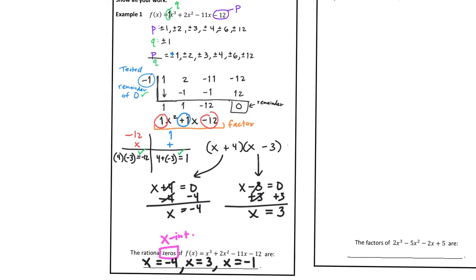Okay. So again, we do all the p's over q, we divide them to give us a list of possible x-intercepts. These are all possible x-intercepts. And then we test it out using the smallest one. We tried out +1, but it didn't give us a remainder of 0. Then we tried -1, and we used synthetic division, and we got a remainder of 0.